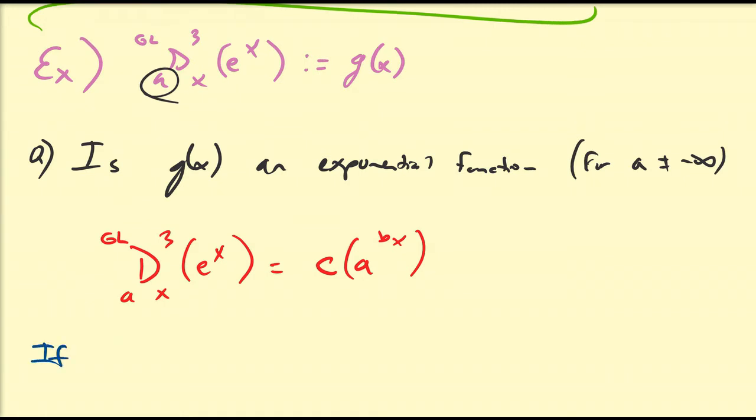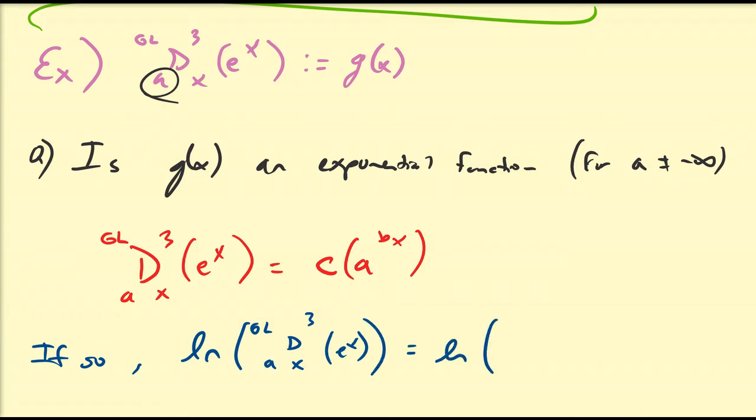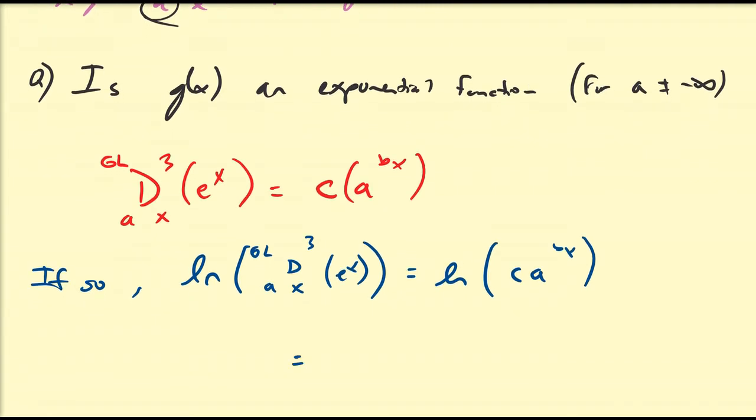So if so, then if we take the natural log of this expression, so the natural log of the GL derivative of order 3 of e to the x, that's just going to be equal to the natural log of c a to the bx, right? By properties of logarithms, that's going to be equal to the natural log of c plus the natural log of a to the power of bx.